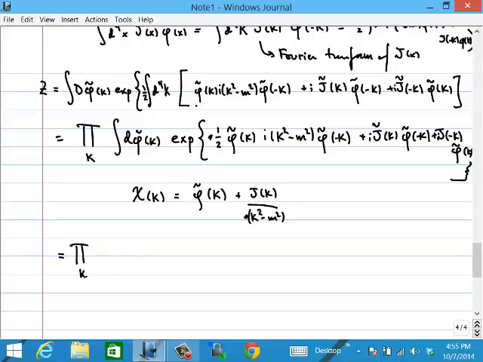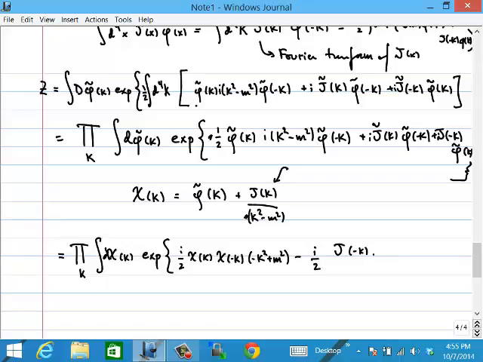It's the product over all momentum modes of the integral over all chi's times the exponential of, well, I chose this term to complete the squares, so that I'll get something that is quadratic in the chi's, and then you have a term left over from completing the squares, which is quadratic in k and goes like k squared minus m squared.